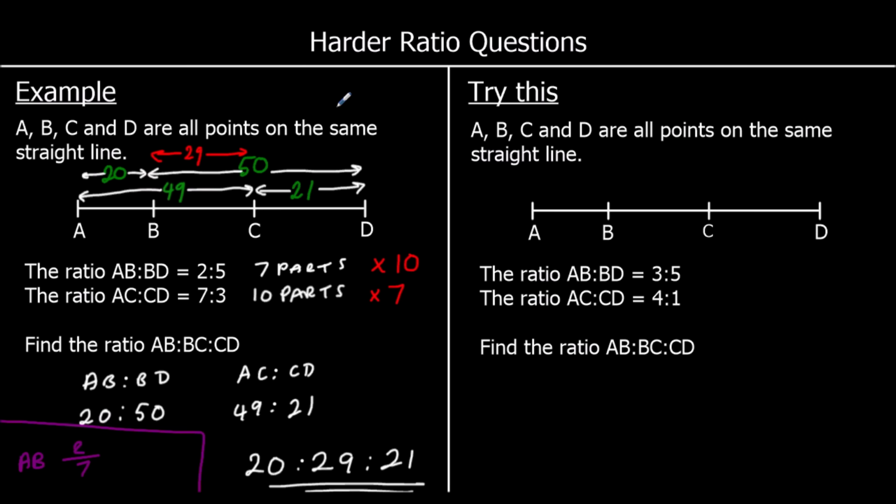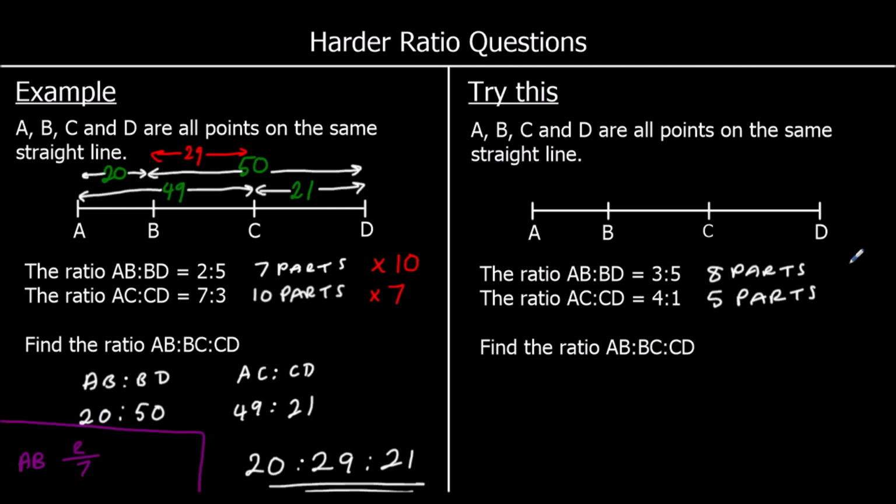So give this one a go. Again, a similar question. So AB to BD is 3/5. AC to CD is 4/1. So we've got 8 parts and 5 parts. They both represent the whole journey. So if we make them out of the same thing, we can write down our ratio.